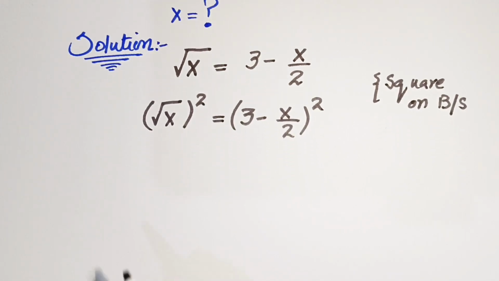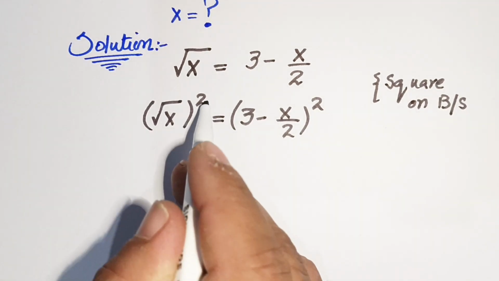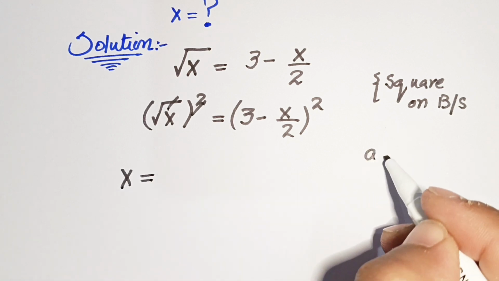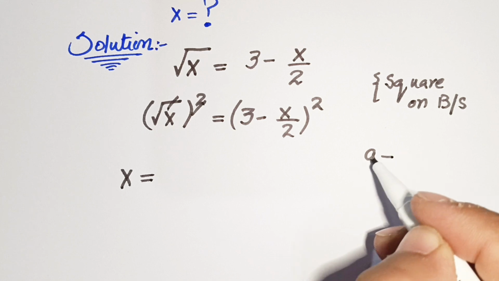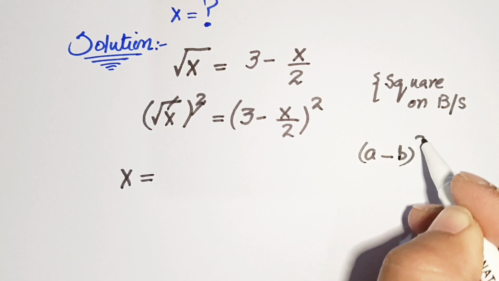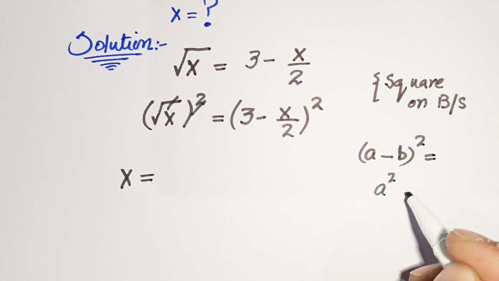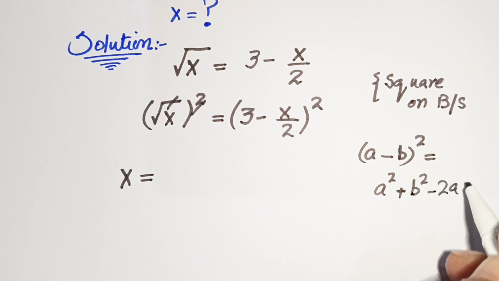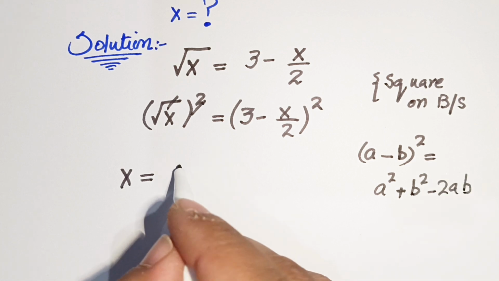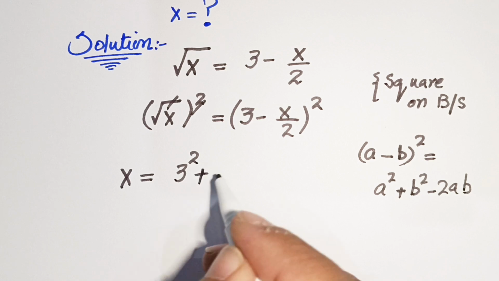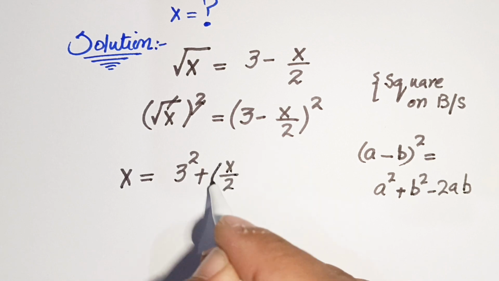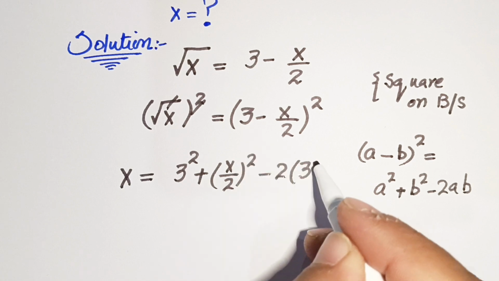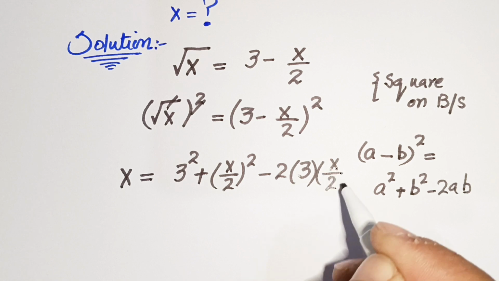Here the 2 cancels out with the square root, so x is equal to, using the algebraic formula a minus b whole squared equals a squared plus b squared minus 2 times a times b. So here it will be 3 squared plus x over 2 whole squared minus 2 times a is 3 and b is x over 2.